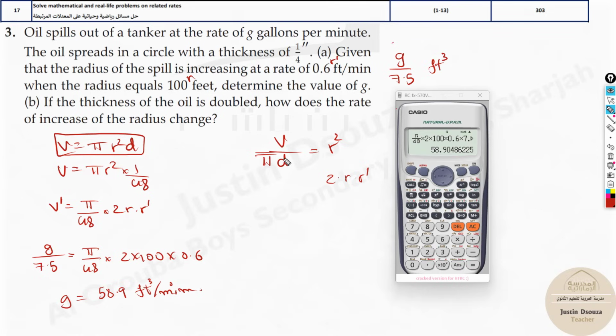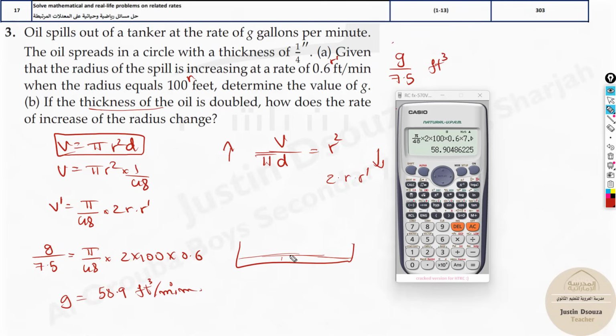Inversely, it's opposite. So if the thickness is increasing, then the rate of increase of radius will decrease. And you can even think of it practically. Say you have a container and you put oil, or any liquid, for example water, it easily spreads out.